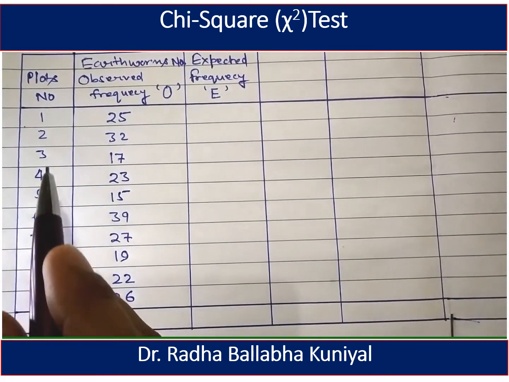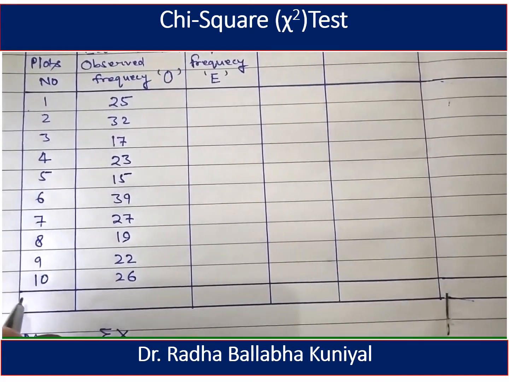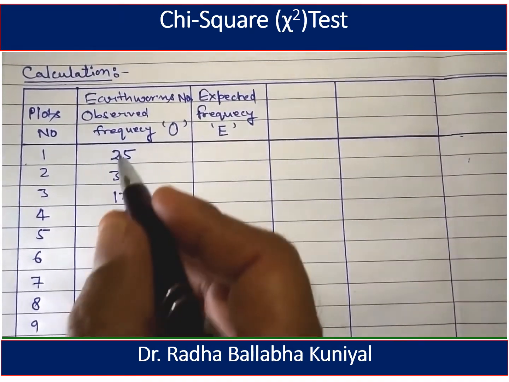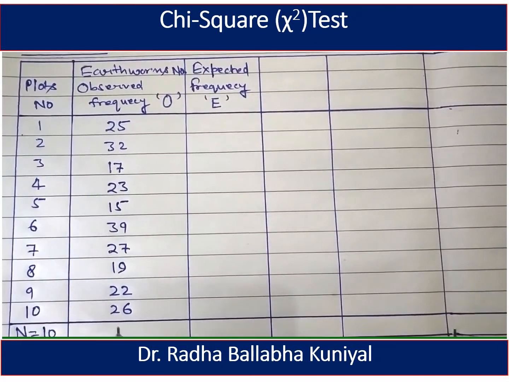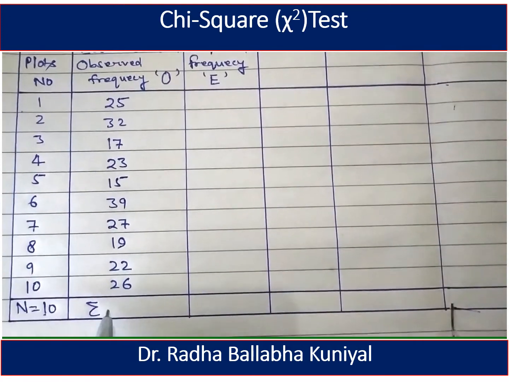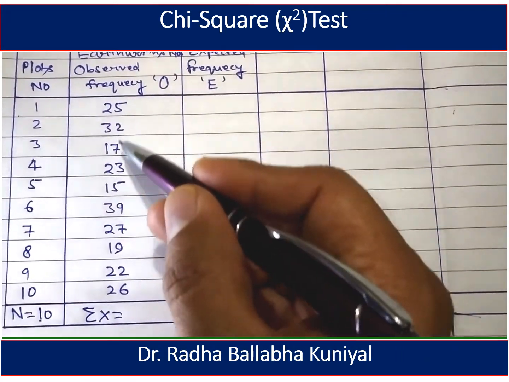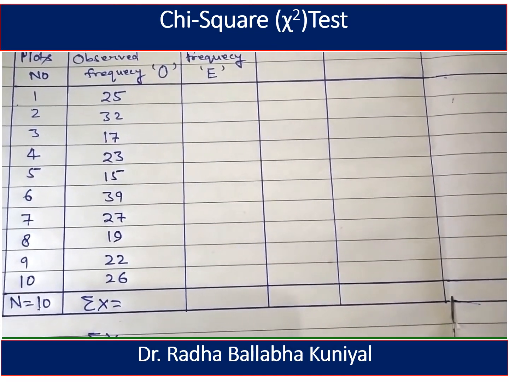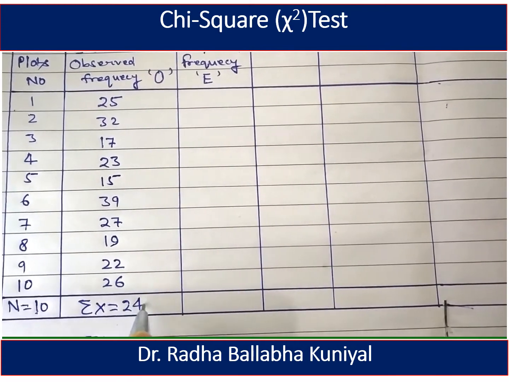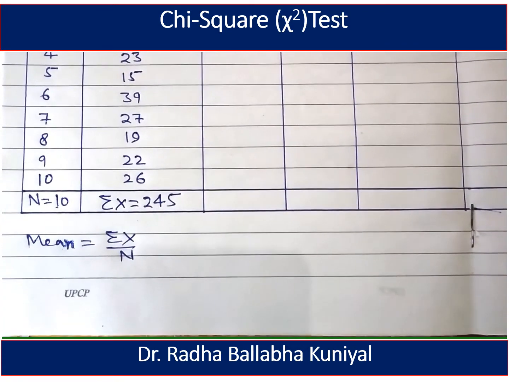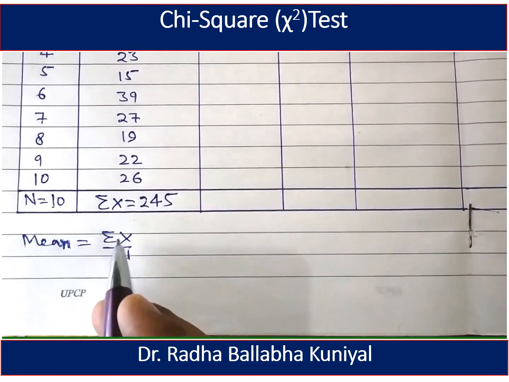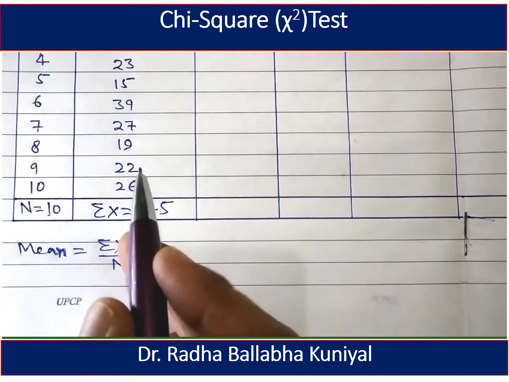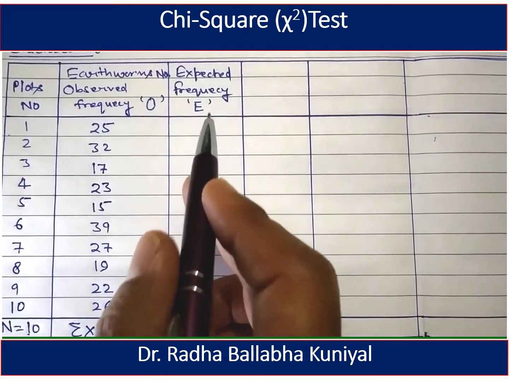Now here the n is the number of plots. So here the number of plots are 10. So we can write n equal to 10. And these values are x, and by summation of these x we will get the sigma x. By adding all these values we will get the sigma x, that is 245. Now we'll put these two values into this formula to get the mean value of the observed frequency or to get the expected frequency.